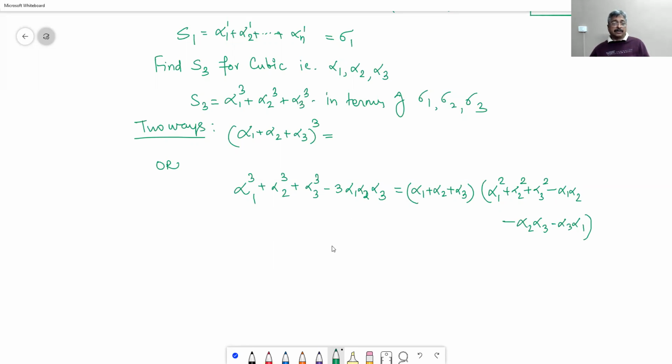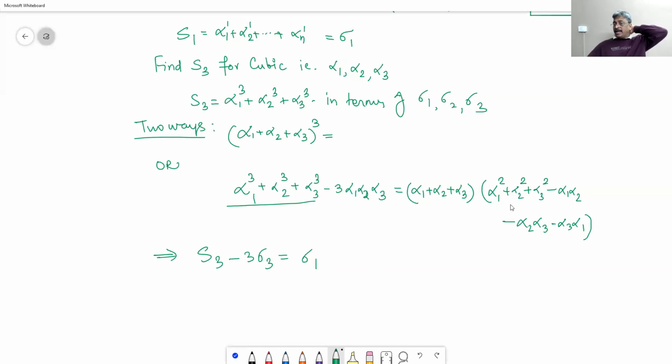You can cross check. So if this identity is known to you, or you have used it in school, or you actually multiply and find out whether it is true, then it is a little easy, because this is your S3, this is your sigma 1.